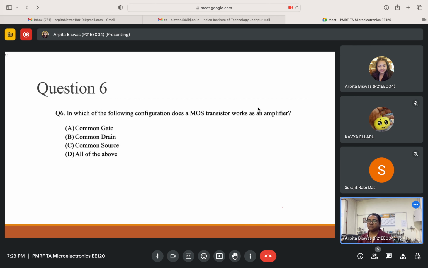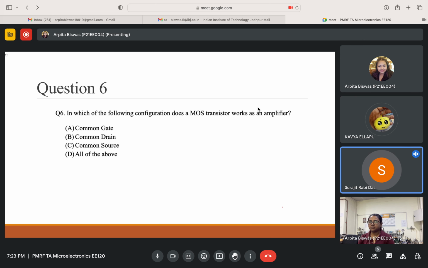So when does a MOS transistor work as an amplifier? Common source and common gate. Okay, and what about the common drain?